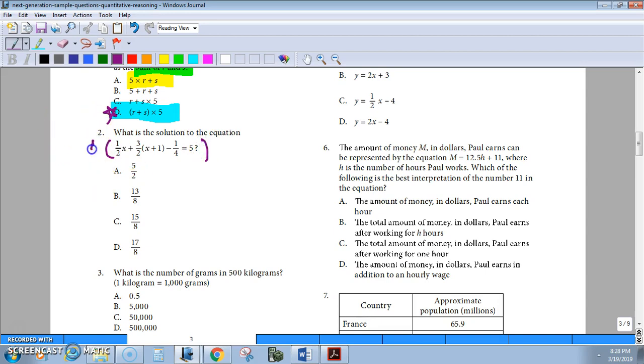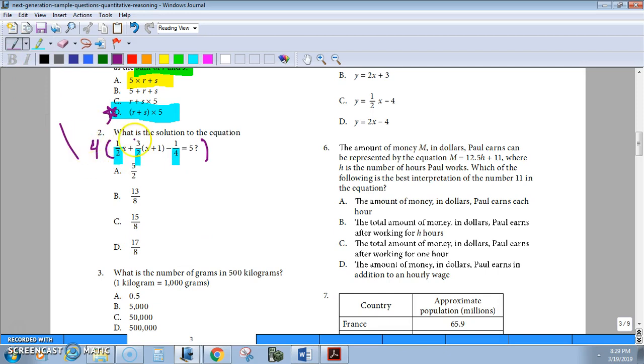I'm going to do that to get rid of all of the fractions because fractions are just going to freak anybody out a little bit more. So let's just multiply by 4. And I chose 4 because all of the denominators can go into 4. They're all factors of 4. 2 can go into 4, 2 can go into 4, and 4 can also go into 4.